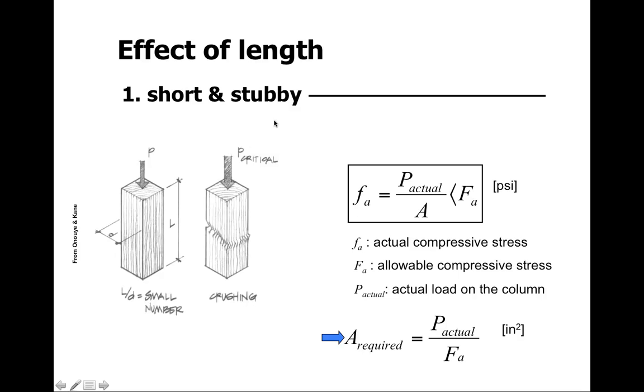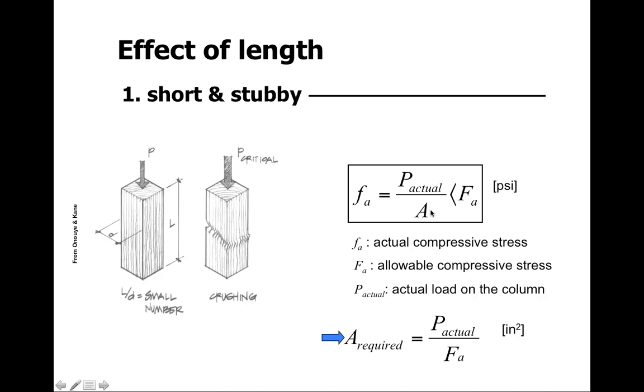Now, in the case of short, stubby columns, here's an example: short, stubby wood columns. And we can look at them with this particular formula, where f sub a is equal to P, the actual load applied, divided by the area. And that has to be less than capital F sub a, or the allowable compressive stress.